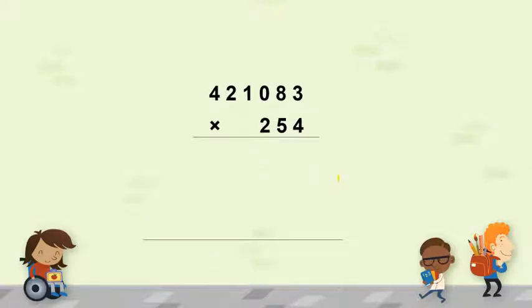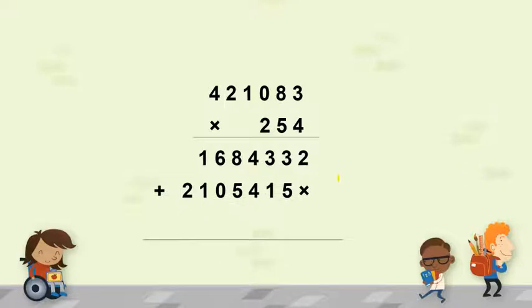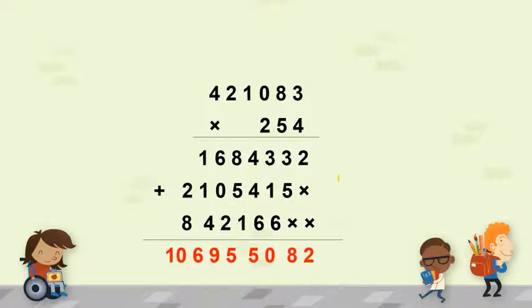We can multiply it starting from 4. We will first multiply all the 6 digits by 4, then all the 6 digits by 50, and then all the 6 digits by 200. And after that, to find the product, we will add and get our answer.